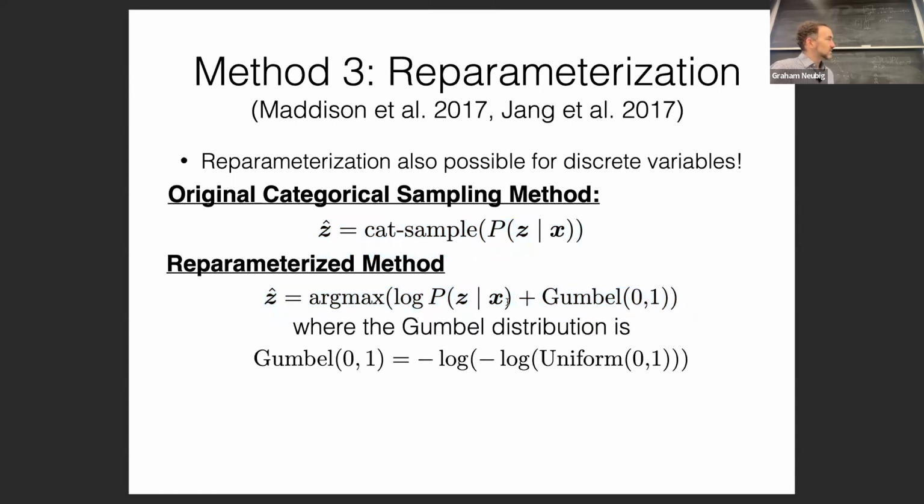And this isn't super important, but this is what the Gumbel distribution looks like. It's basically the negative log of the negative log of the uniform distribution between 0 and 1. And if you take this, then that will essentially make the categorical sample in this value here be the same. However, there's still a problem training with this reparameterized method. Anybody know which function you definitely don't want in the middle of training your neural network?